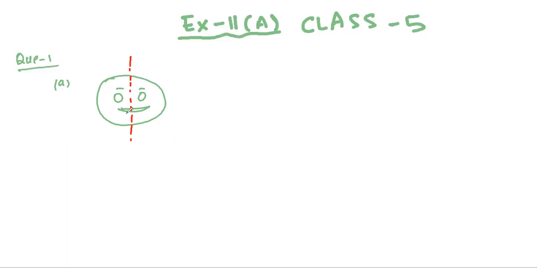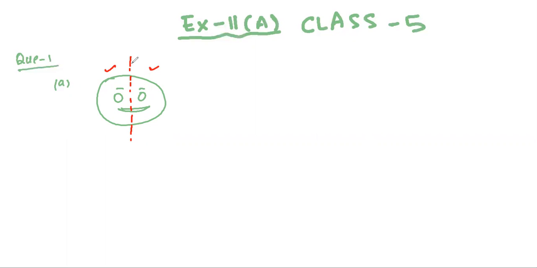And what is line of symmetry? The line is called the mirror line or line of symmetry. So the red line is the line of symmetry. If we see the left part and the right part, they are identical. So line of symmetry is a line which has the figure symmetrical on both of its sides.